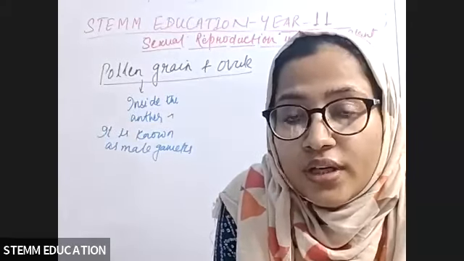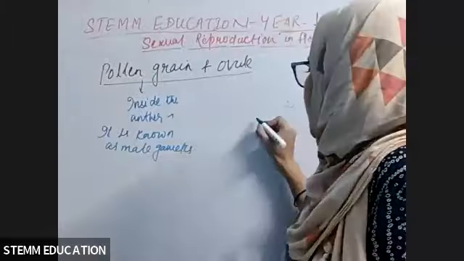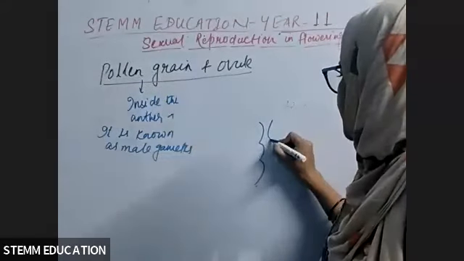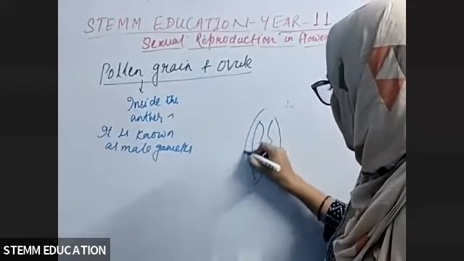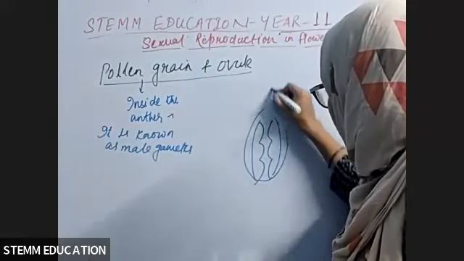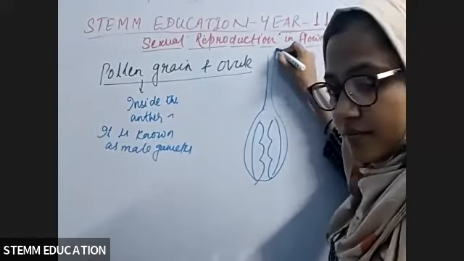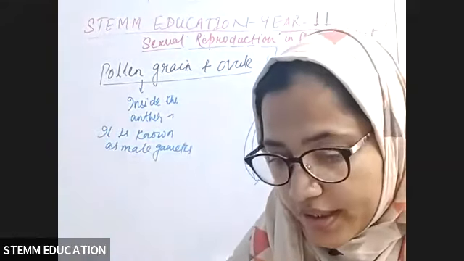Each ovule contains a nucleus. If you see the structure of the ovule, it is a structure like this. You can also refer to the diagram in your book.